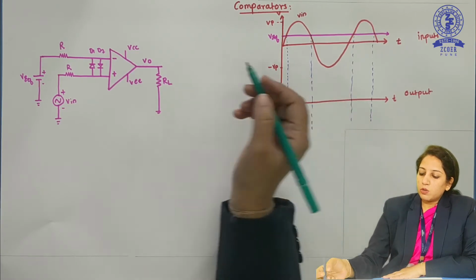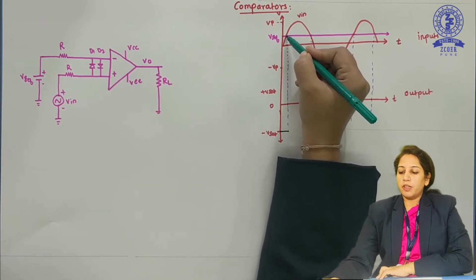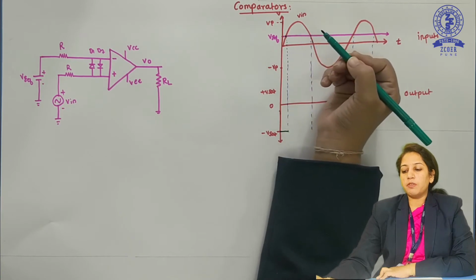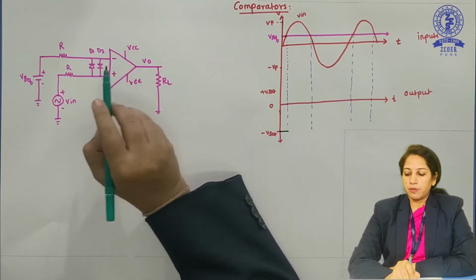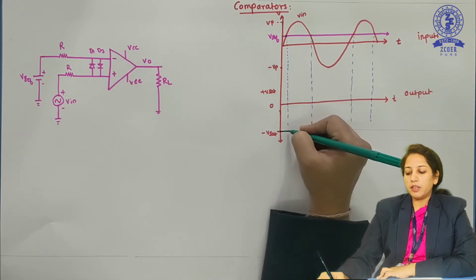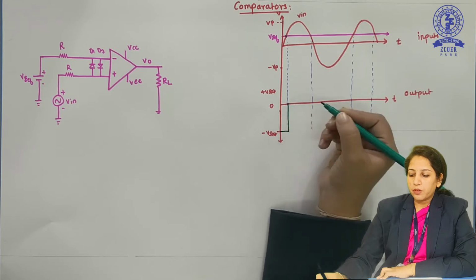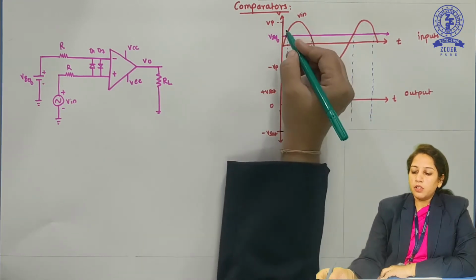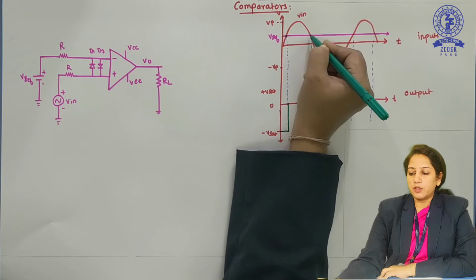As soon as my V in is equal to V reference, this is the point where both voltages will be the same, so it will not remain in minus V saturation. It will tend towards 0. Now V in is greater than my V reference for this time period.